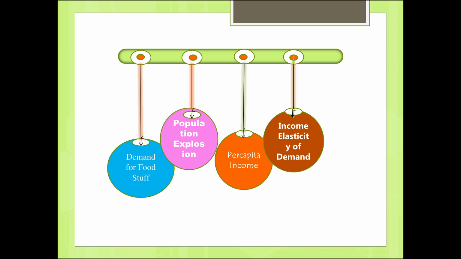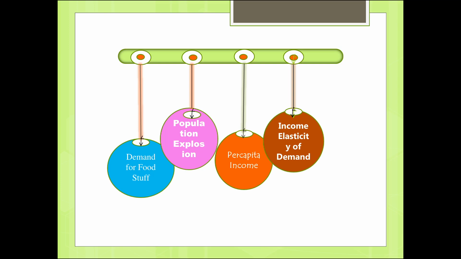Secondly, because of increased per capita income. What is per capita income? The income of each and every individual in the economy. When the income of individuals increases, the economy is investing more in many developments. For example, take our Indian economy in the stage of development.